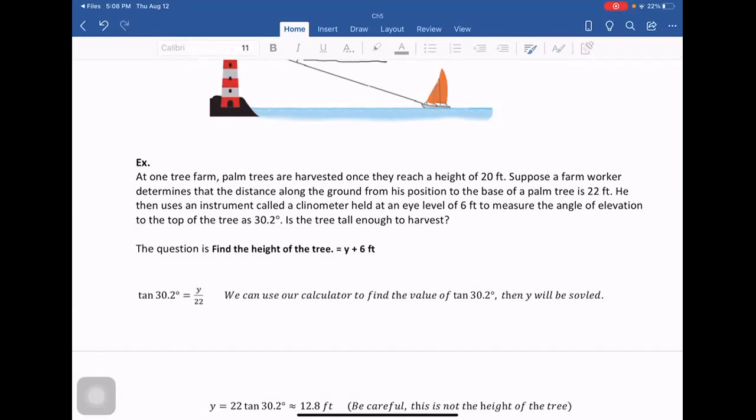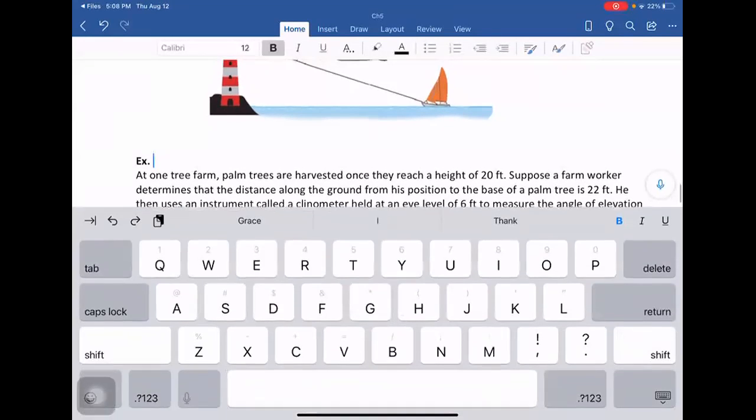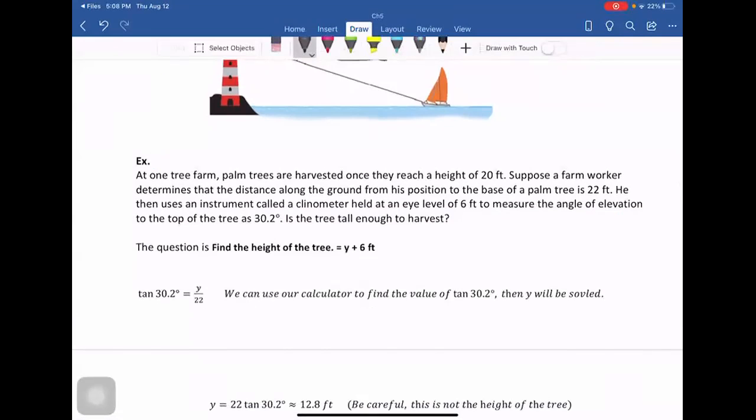So I draw a picture like this. A tree is like this. This is tall, and this is the ground, and here is the person, and this is his eyes, and he is standing about 22 feet away from the tree.